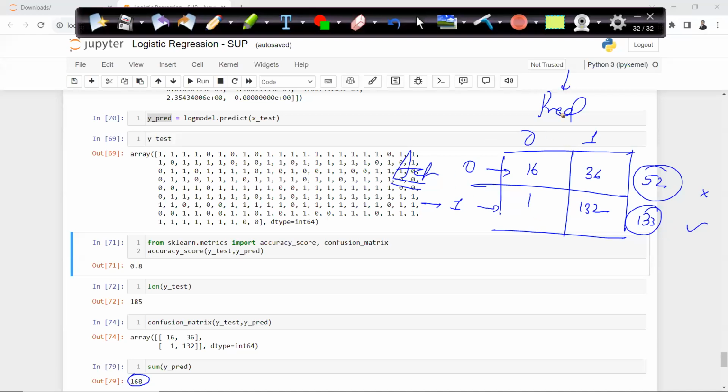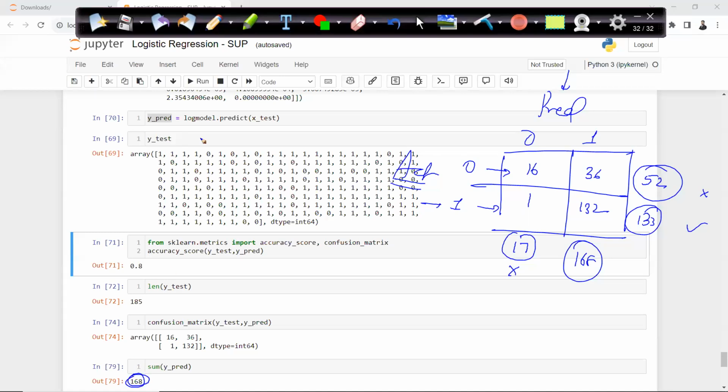And what about predictions? What did the model do? 16 plus 1, 17 people did not get the loan is what my model is saying. And 132 plus 36, 168 people, they got the loan, right? That is what you're getting here, sum of y prime, because it consists of zeros and ones.